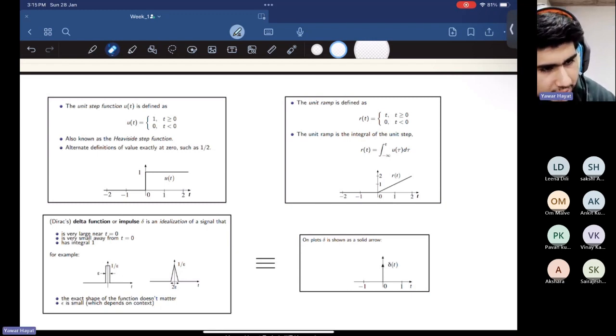The unit ramp is defined as r of t equal to t for t greater than or equal to 0, and it's 0 for t less than 0. So we can readily see that we can write this r of t as t times u of t.